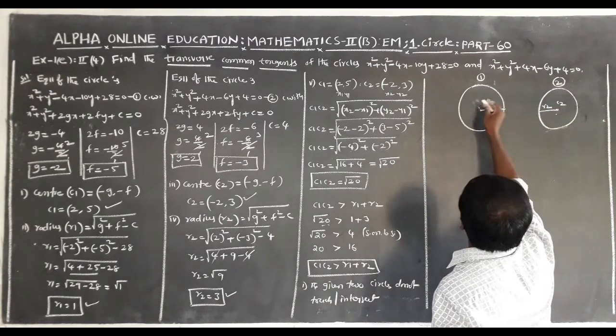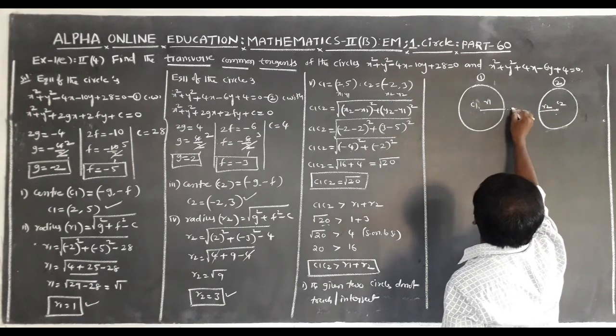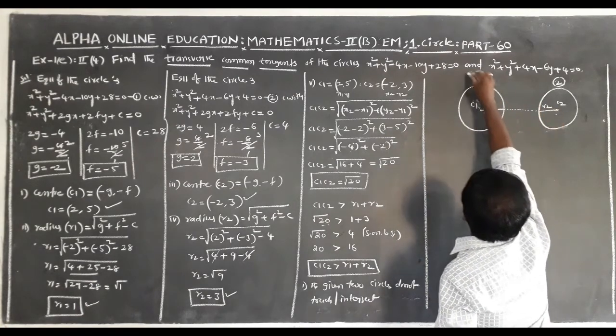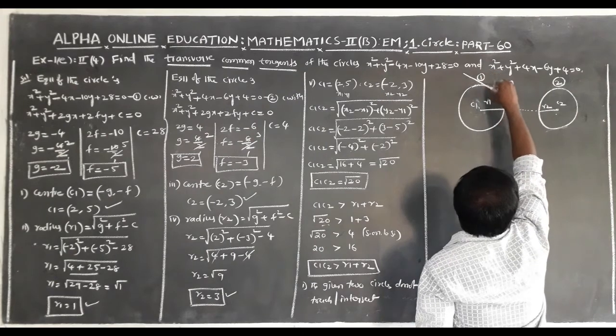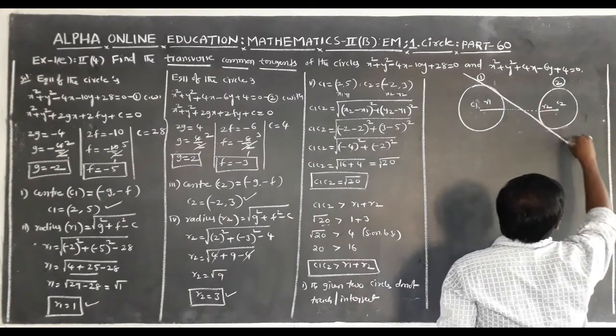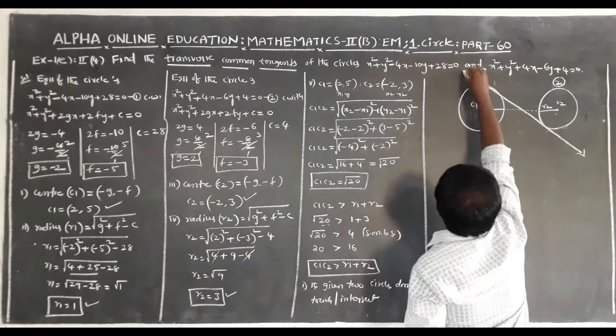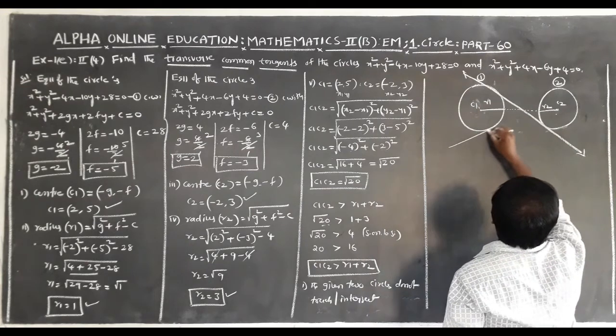One pair of common tangents that intersect the line segment C1C2 is called the transverse common tangents.